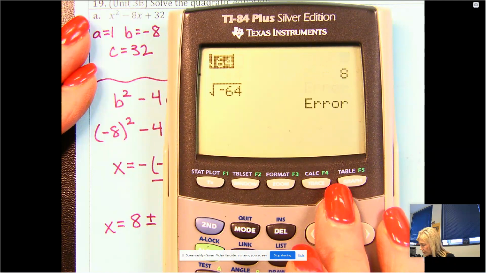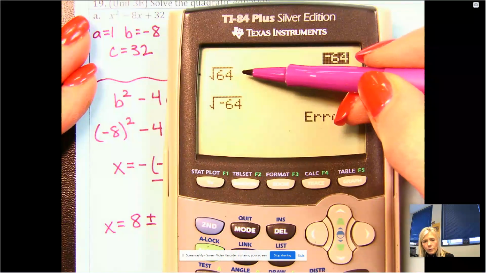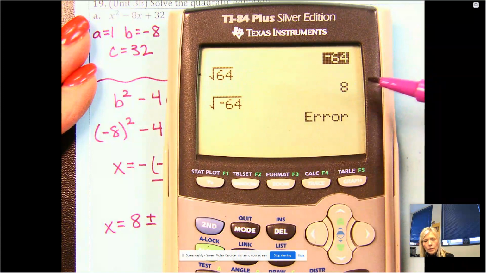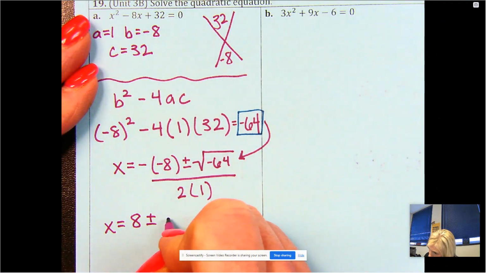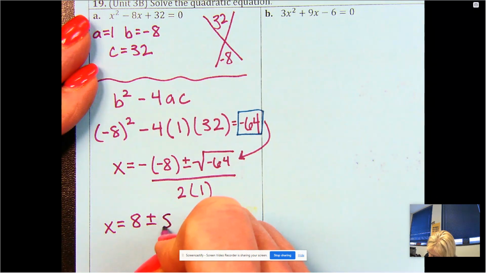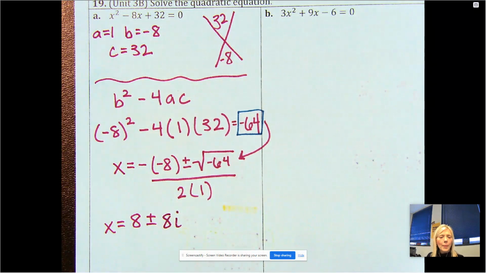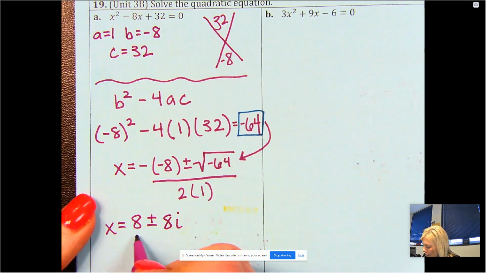Check the positive one like I did here. The square root of 64 is 8. So the square root of -64 is 8i. And this is all being divided by 2.